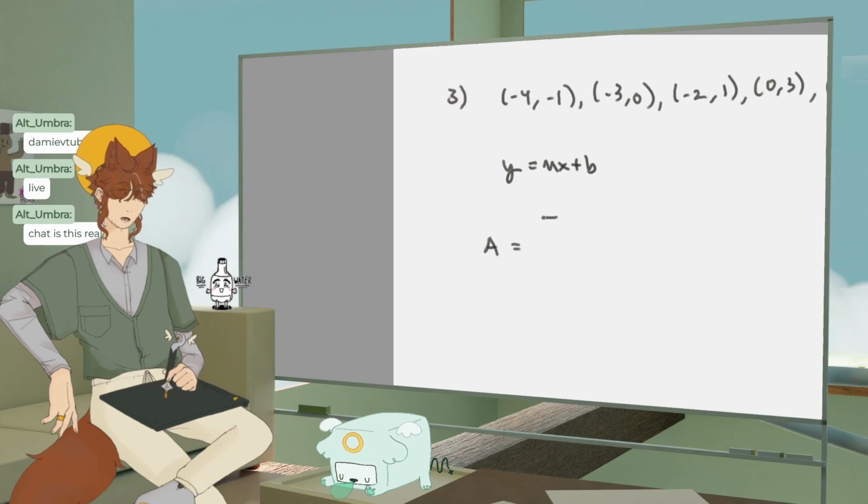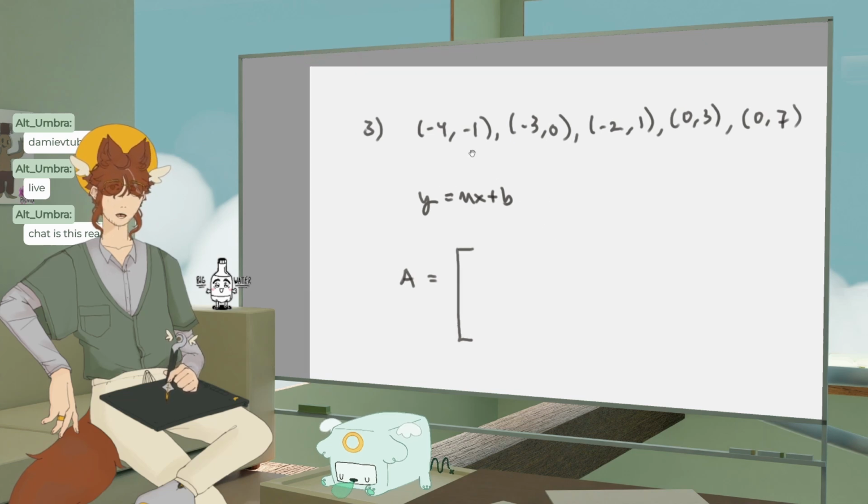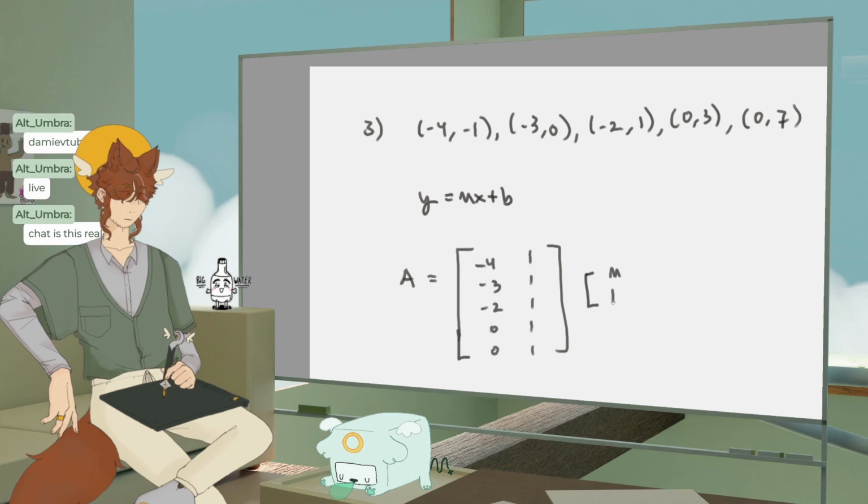So we're gonna have all of the x ones here. So it'll be -4, -3, -2, 0, 0. That's nice. And then we have a bunch of ones because we're gonna multiply this matrix by M, B, because those are our variables we want.